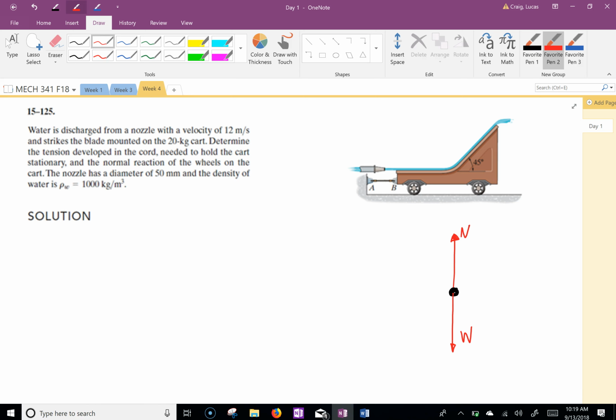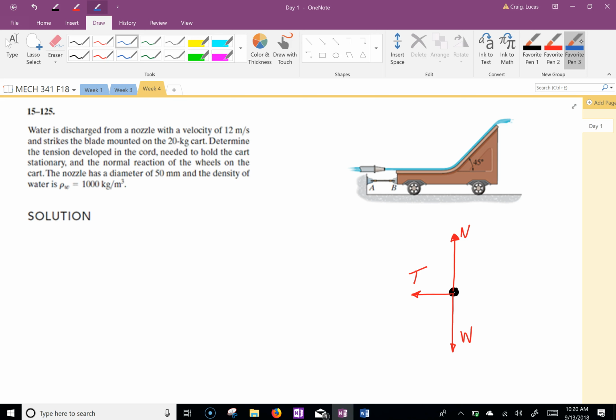We'll assume in the X direction there's no friction, okay? Force of the water, I'm going to get to that in a minute. What's the last major force? Tension, yeah. Now, the water, because it hits at 45 degrees, has to be how many directions? 2.